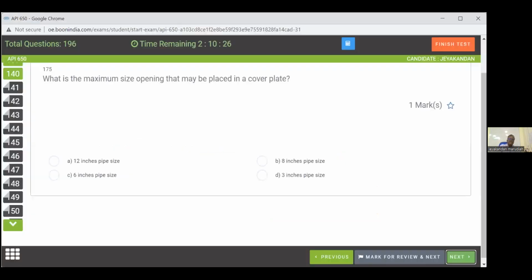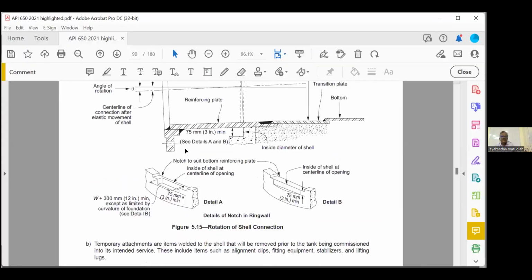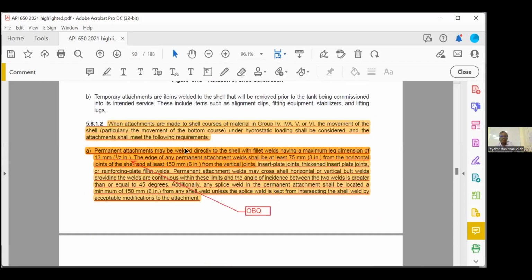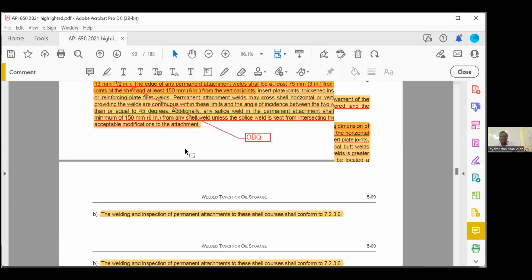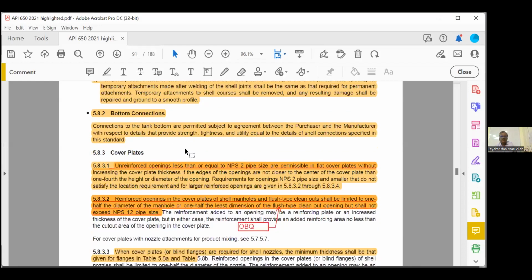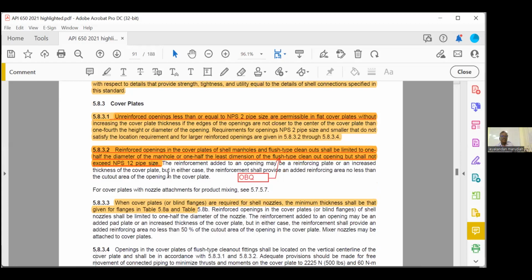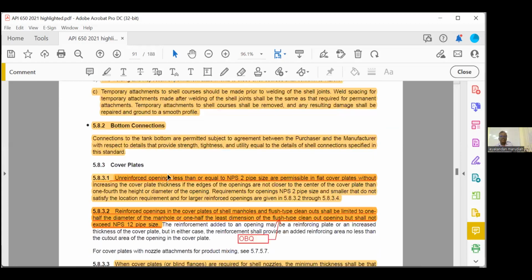Next. What is the maximum size opening placed on the cover plate? No, that is the minimum. Cover plates, here it is given in page number 5-69.